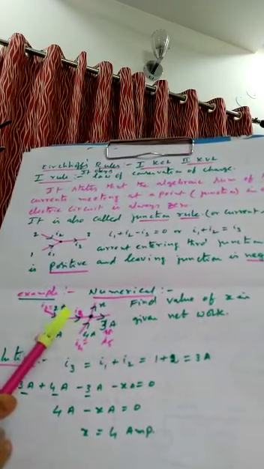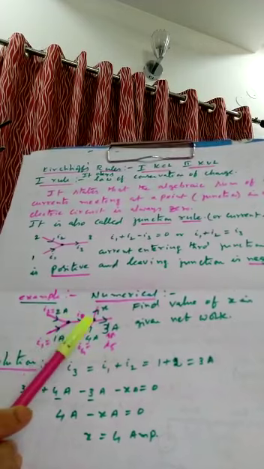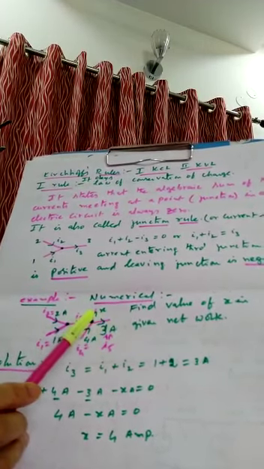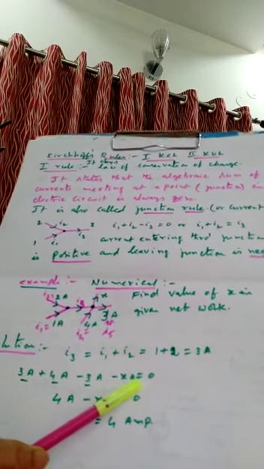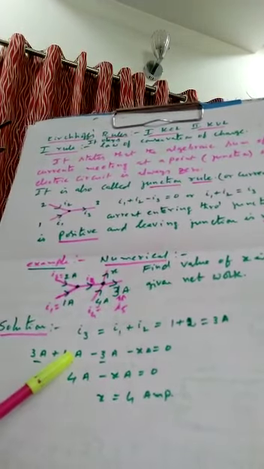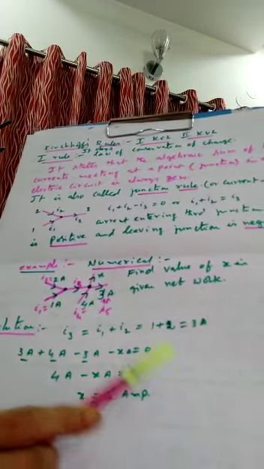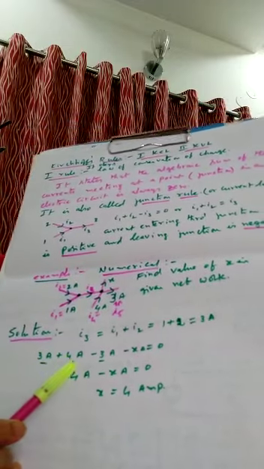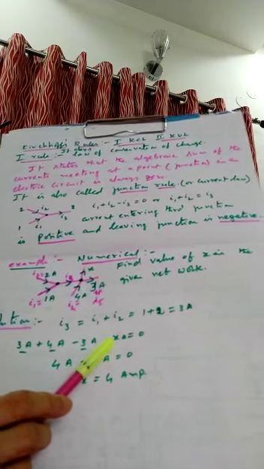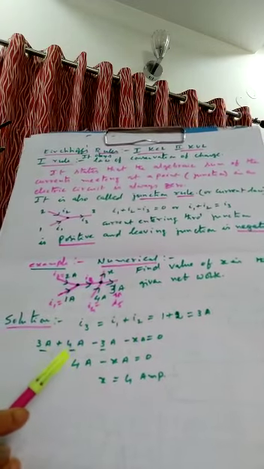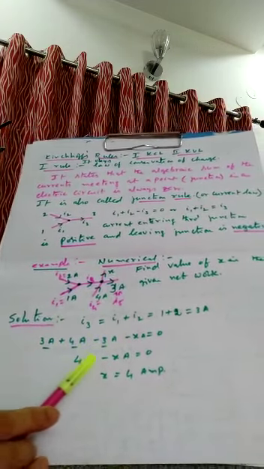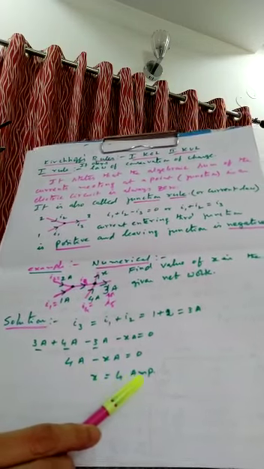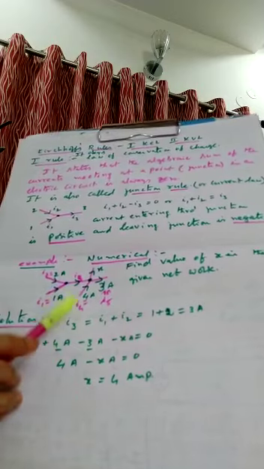So again apply the current law here. Sigma I is 0. So 3 amperes plus 4 amperes minus 3 amperes minus x amperes is equal to 0. The 3 and 3 get cancelled. 4 amperes is equal to x amperes. So x is equal to 4 amperes.